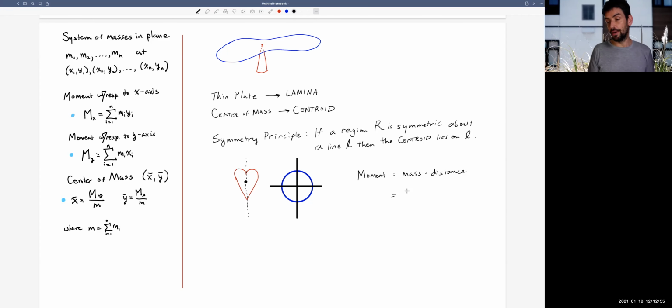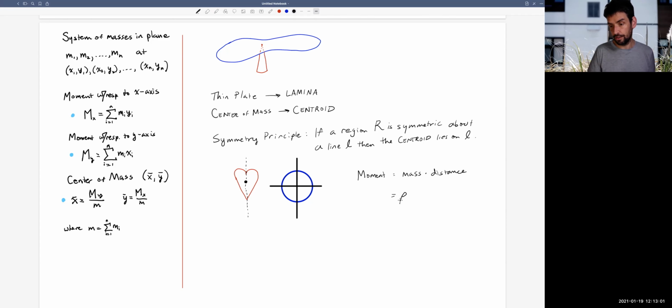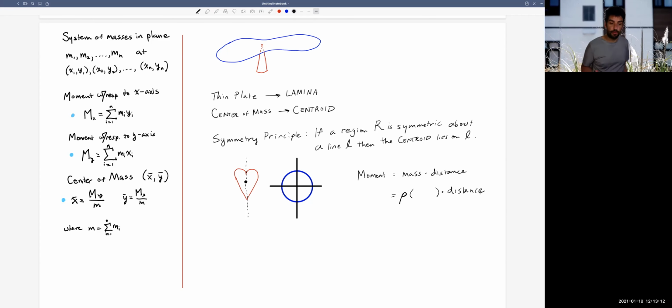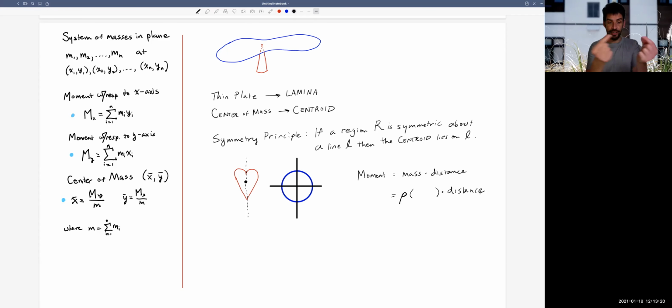And I want to remind us that mass we can think of as density, and we've used this Greek letter rho to signify density, times, and let's come back to this, we'll still have distance out here. So what goes in those parentheses? In previous videos we've done a linear density function. We imagined rods that had a density that changed over the length of the rod.